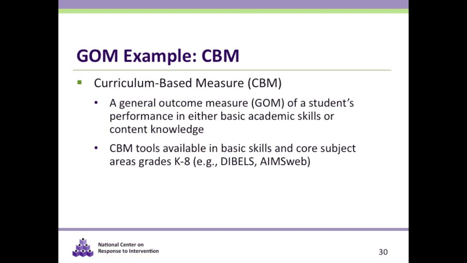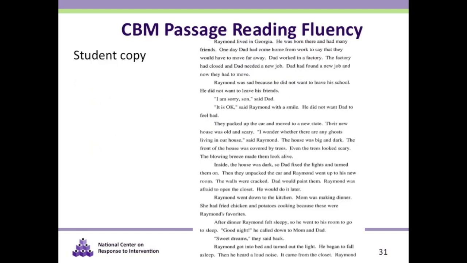Research began in the area of reading and has expanded to additional tools in the areas of literacy, mathematics, and writing, as well as tools in Spanish. So one example of a common curriculum-based measure is an oral reading fluency assessment. Students would be asked to read this passage aloud while being timed for 1 minute. The score would be based on the number of words read correctly per minute.